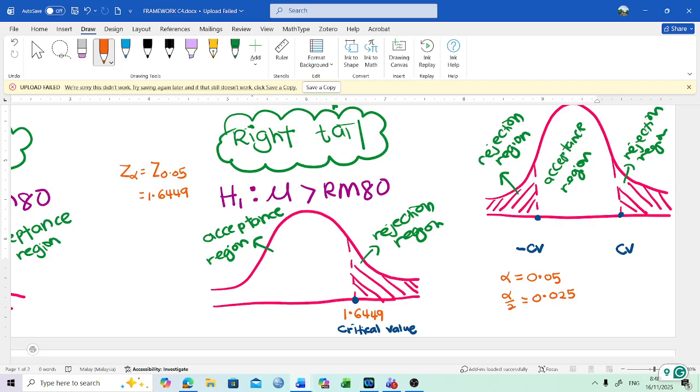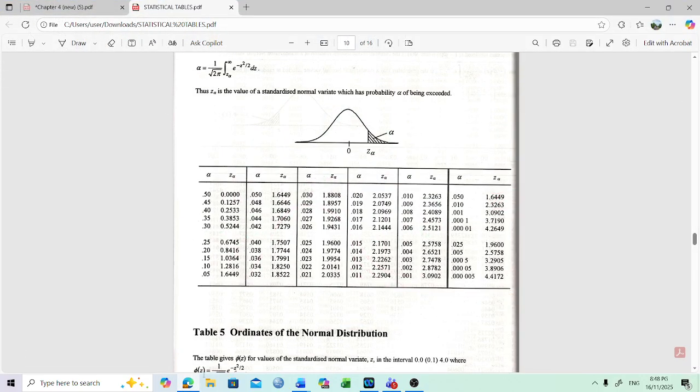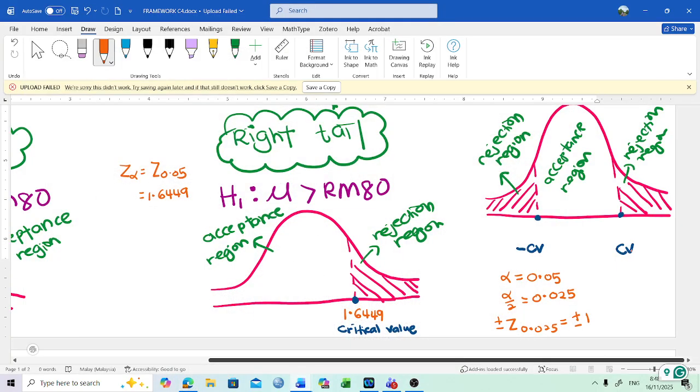So you will have the value plus minus Z 0.025, which from the table is plus minus 1.96. So here will be negative 1.96 and another one is positive 1.96.